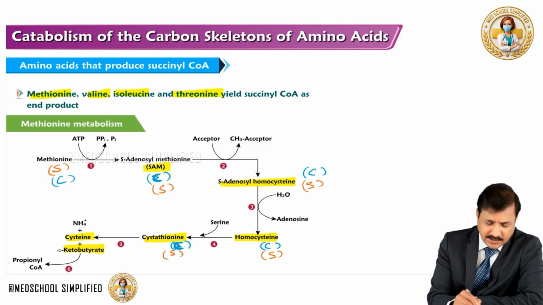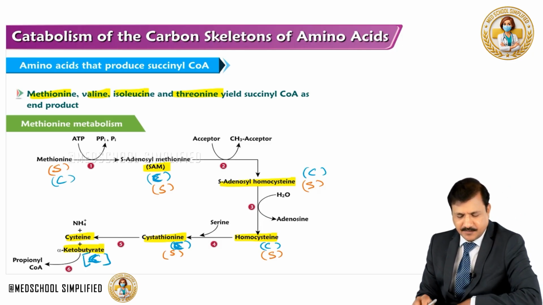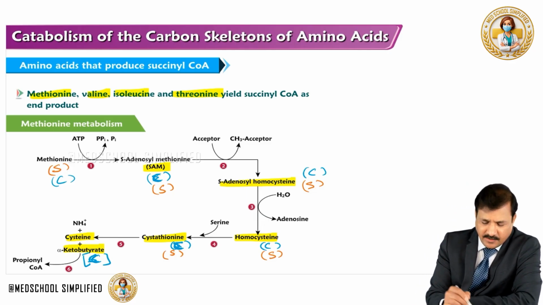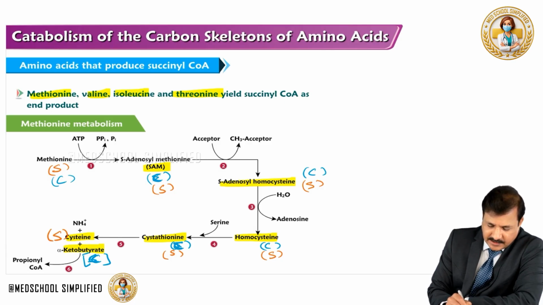When cysteine is forming and alpha-ketobutyrate is released, the carbons of methionine you are going to find in alpha-ketobutyrate, whereas the sulfur of methionine is there in cysteine. So sulfur is there in cysteine now.